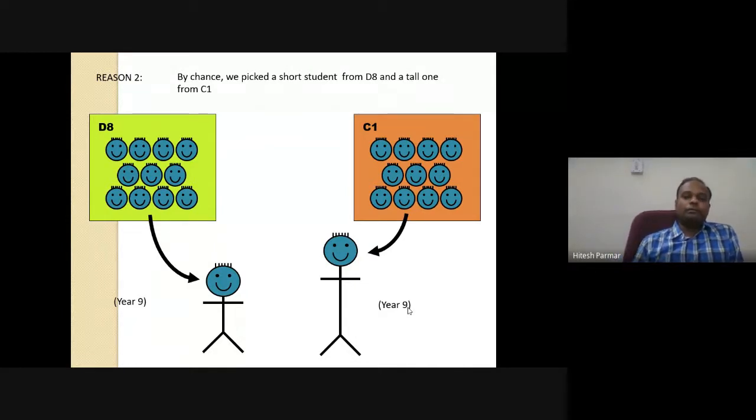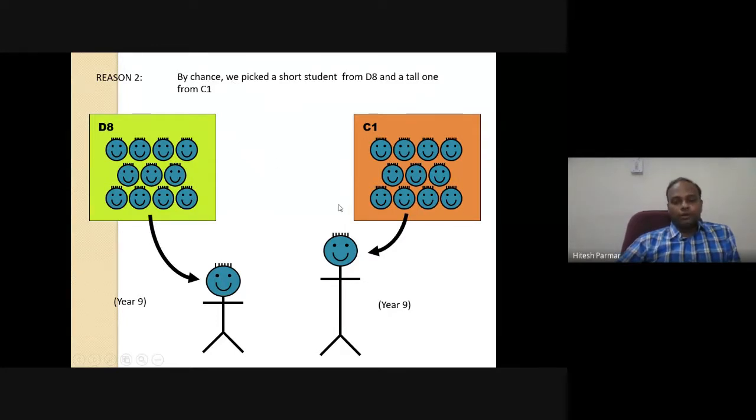But by chance, we picked up a shorter one from this group and a taller one from this group. So these could be the two reasons. Reason number 1 is a naturally significant difference. Reason number 2 is by chance. Now our job is to reduce the chance effect. So the chance element we would like to eliminate.